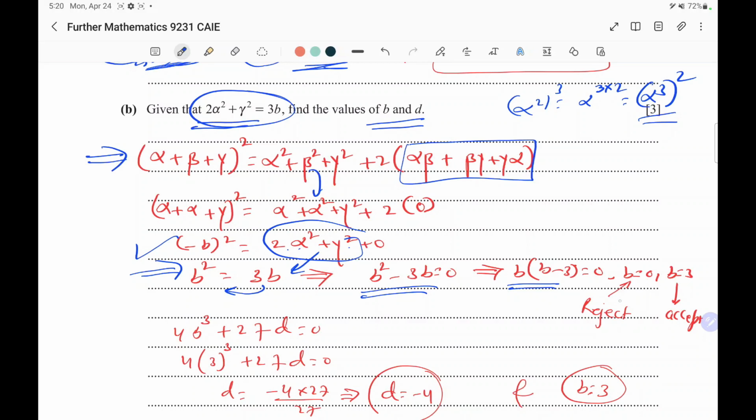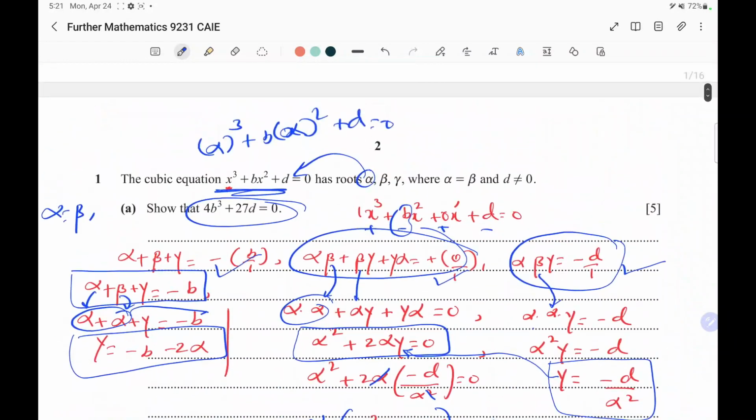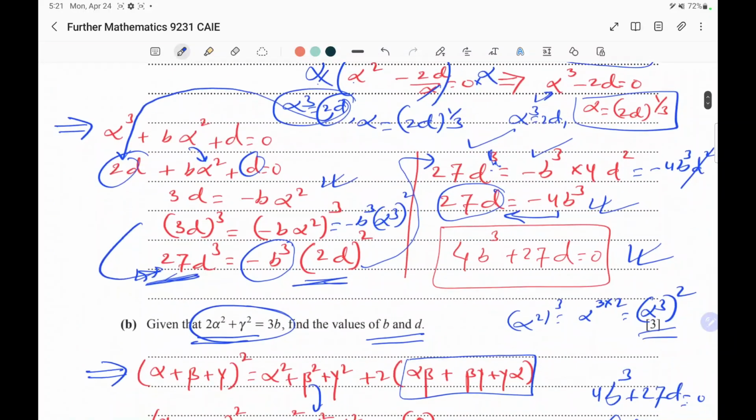So why do we need to reject b as 0? If you put b equals 0 in 4b cube plus 27d equals 0, then 0 plus 27d equals 0, so d will be 0, right? And in the beginning, if you check the question, it is clearly mentioned that d cannot be 0.